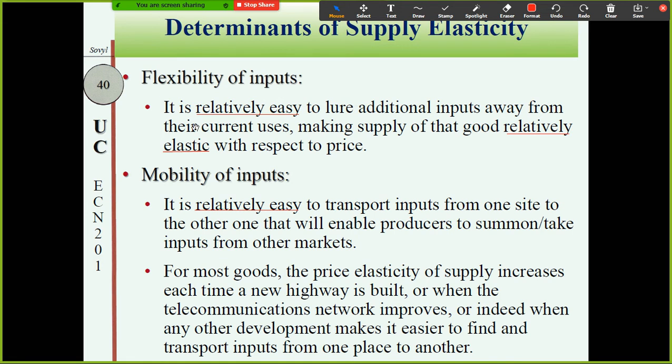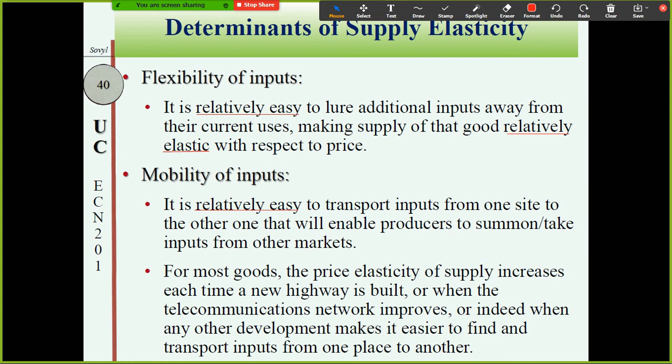If it is relatively easy to get extra input away from its current use, the supply of that good is relatively elastic. If you can easily find extra input, you can change inputs easily.